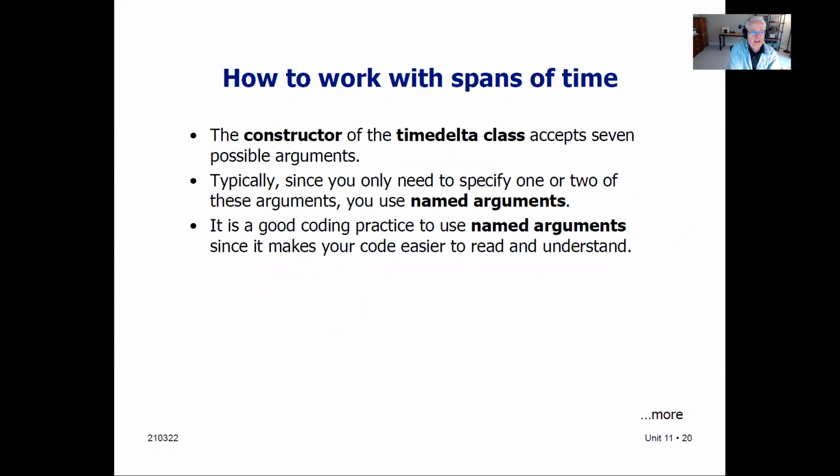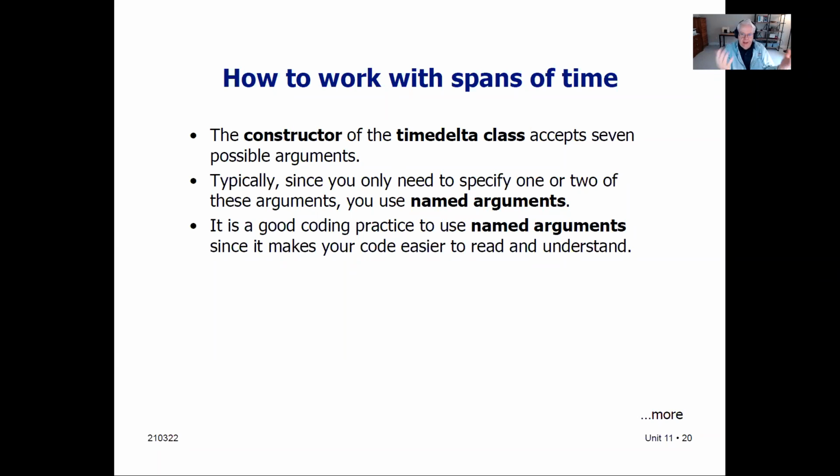Cool stuff. So there's a constructor that we can use in the timedelta class that is very detailed. It can accept up to 7 arguments. We saw 5 arguments takes us up to seconds, okay? Timedelta can go to milliseconds and microseconds and take us up to 7 arguments.